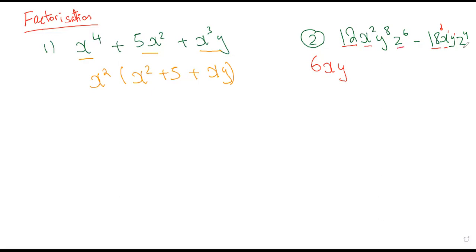And then I can take z to the what's common? 4. Very well done. So this would be 6xy to the power 7 z to the power 2 minus 3, and what? That's it?